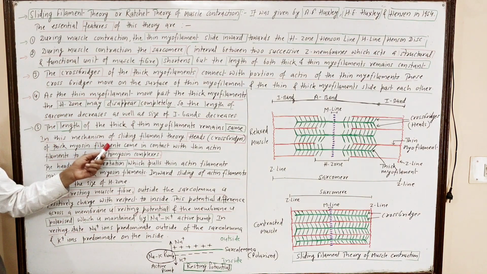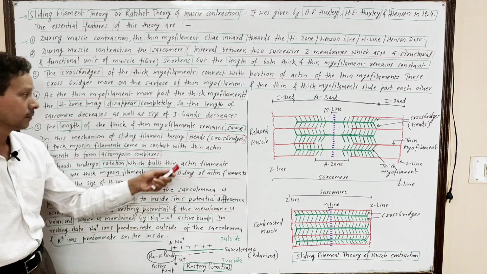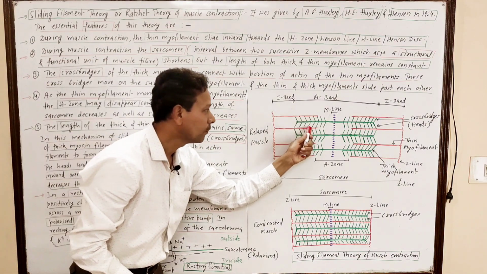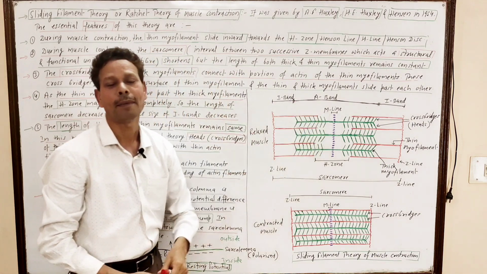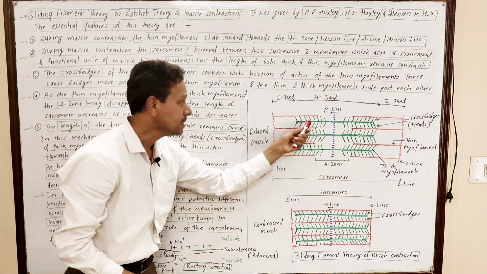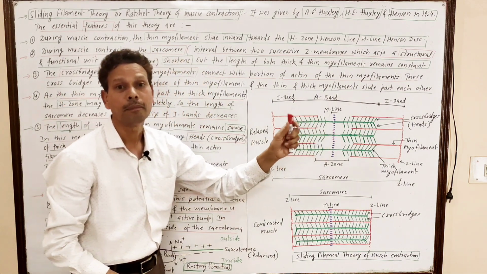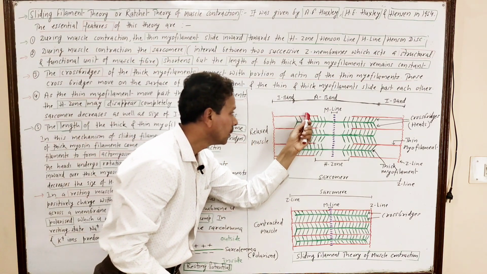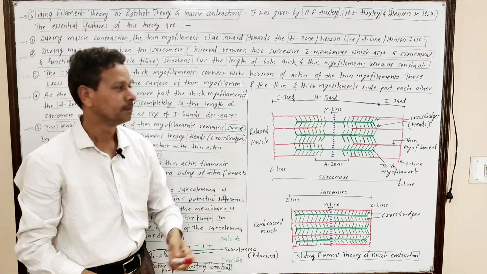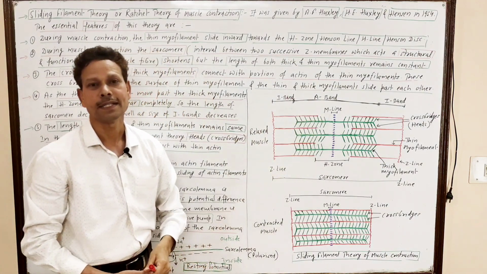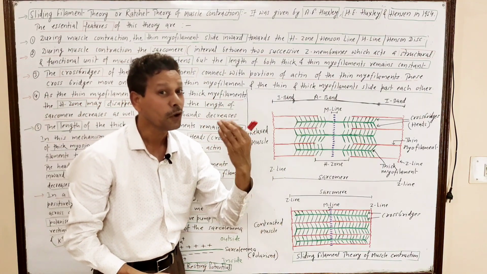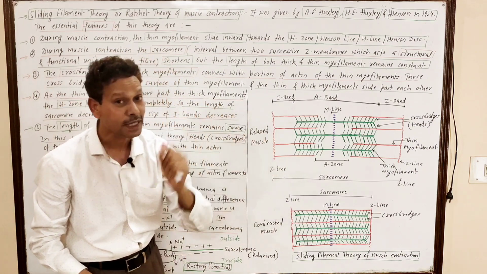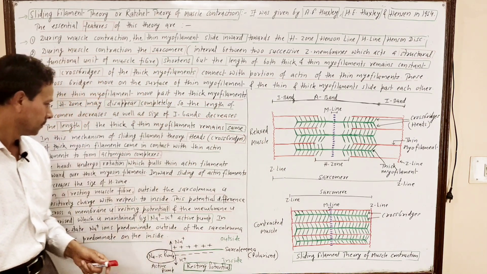In this mechanism, the heads or cross bridges of the thick myofilaments, which are made up of myosin protein, interact with the actin proteins of the thin myofilaments. They produce a complex, which is the actomyosin complex.